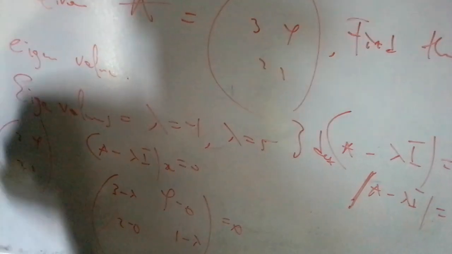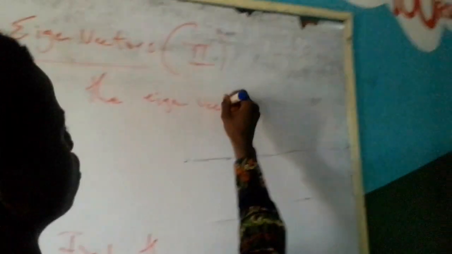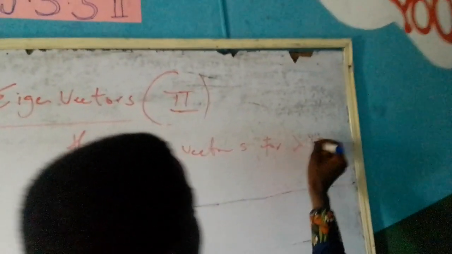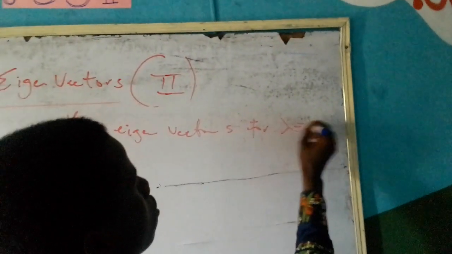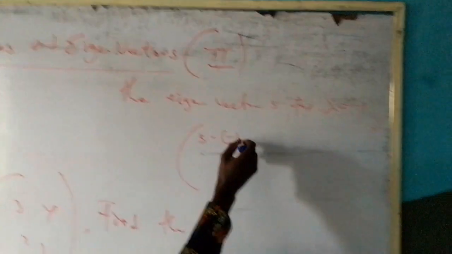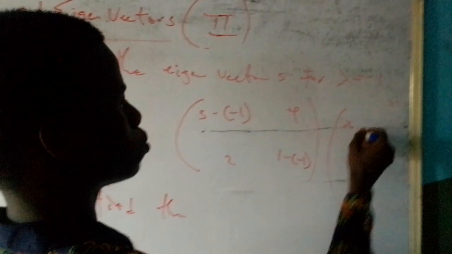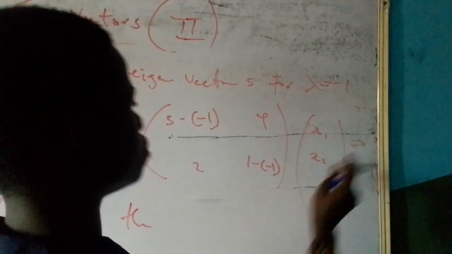Now, the eigenvector for lambda equals -1 is going to be: we have 3 minus (-1), 4, 2, 1 minus (-1), times x1, x2 equals 0.